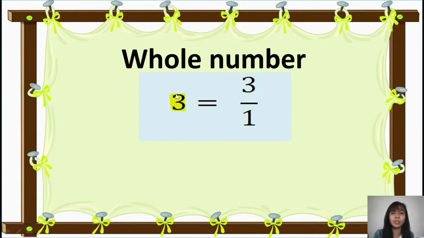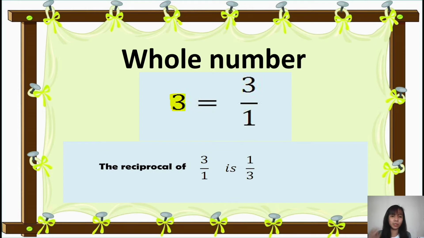So for example, the fraction form of the whole number 3 is 3 over 1. So how are we going to find the reciprocal of 3 over 1? You just need to switch the numerator and the denominator. So from 3 over 1, it becomes 1 over 3. So 1 over 3 is the reciprocal of 3 over 1. Do you understand? Of course you do.